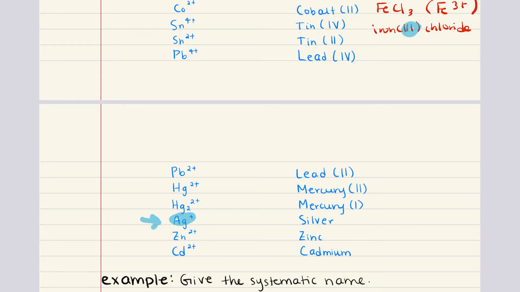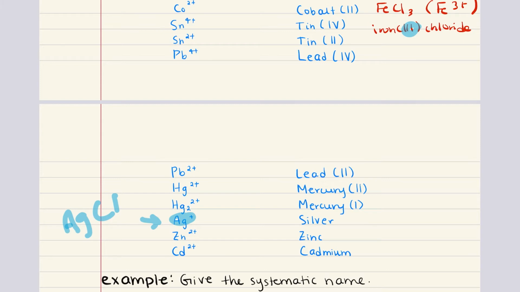Therefore, although silver is a transition metal, and it can potentially form ions other than silver +1, silver compounds are usually named without a Roman numeral. So if you see AgCl, this is typically called silver chloride rather than silver(I) chloride, although the latter name is technically correct as well.